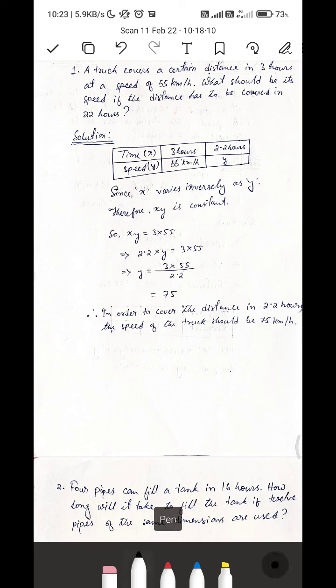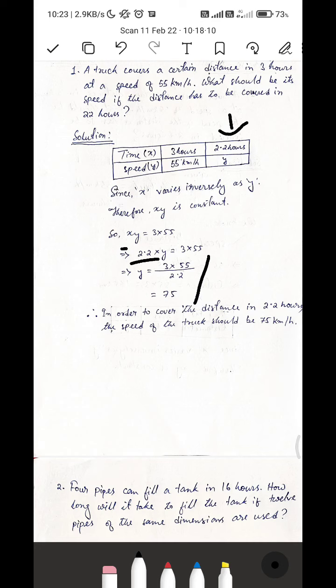Now we have replaced the value of x, that is 2.2, on the left hand side, and for y we don't have the value, so we kept it as it is. Changing the side, this will be 3 into 55 divided by 2.2. On cancelling out the common factor, this will give you 75 as your answer.